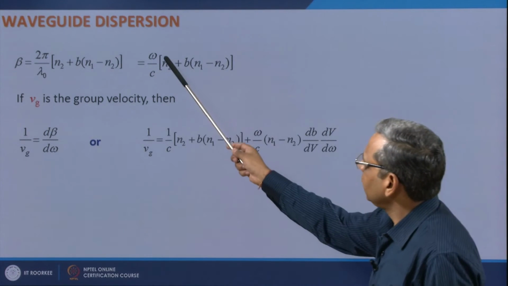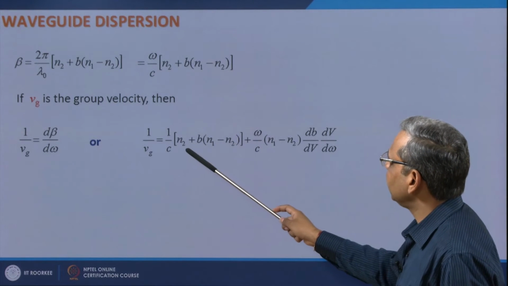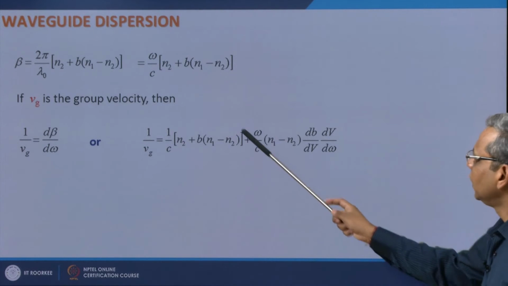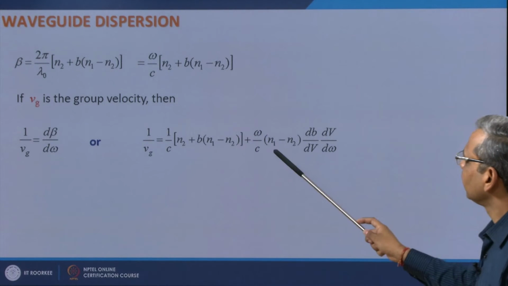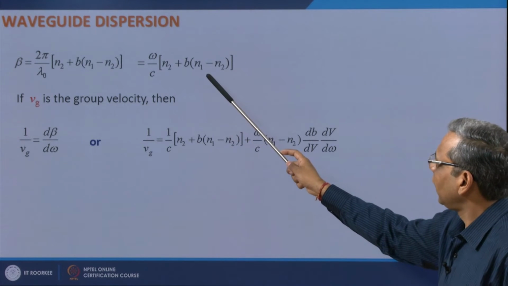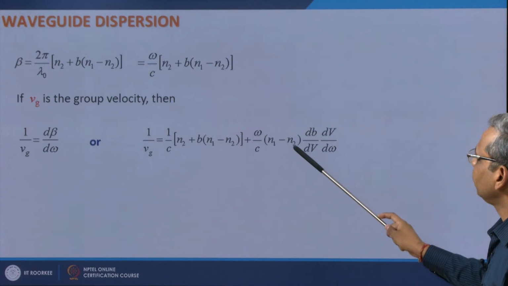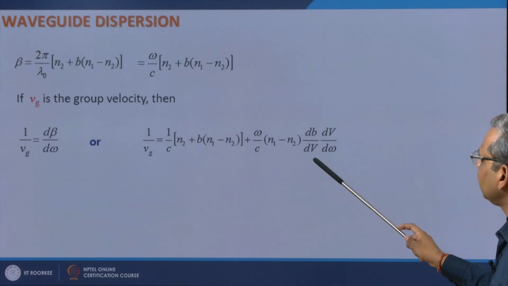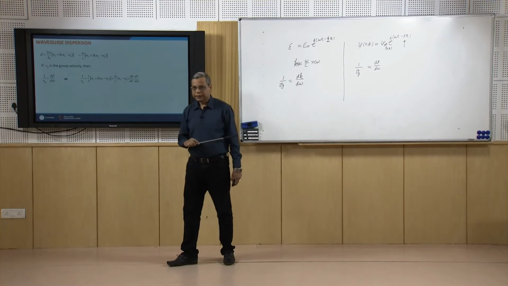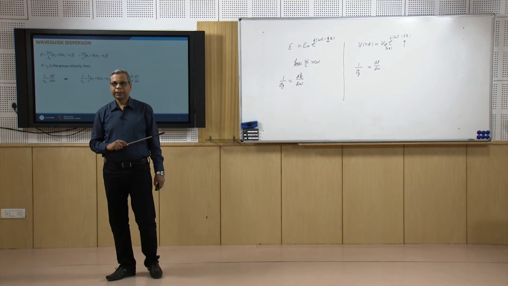So I do d beta over d omega from here, so I will get 1 over c times n2 plus b times n1 minus n2, plus omega by c, then the differential of this would be 0, and if I take the differential of this, then it would be omega by c times n1 minus n2 dB over dV times dV over d omega. So, please pay attention here that I have ignored the material dispersion.